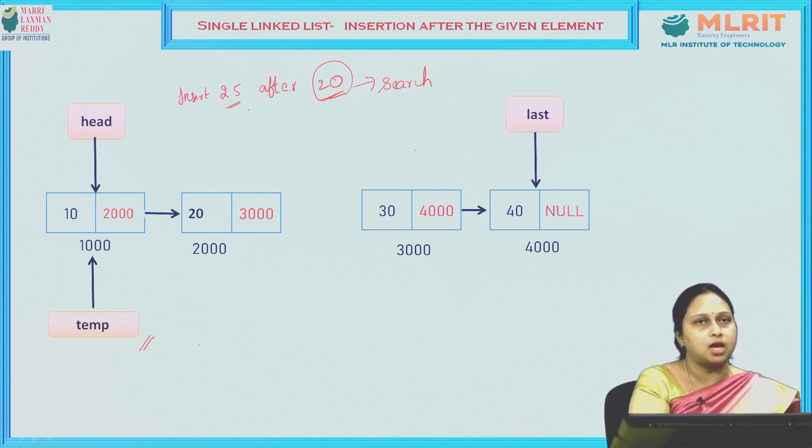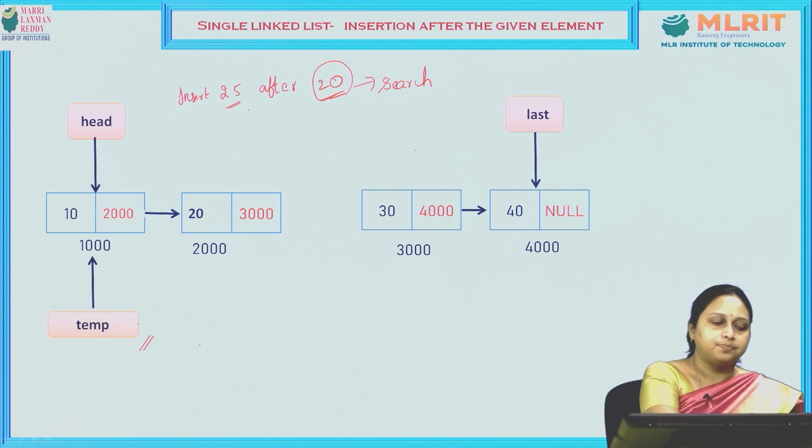Based on that we are going to allocate the memory and then insert it. Now try to do this. Temp is representing the head, so head and temp represent the same location. Now I am going to search whether temp arrow data is 20. No, temp arrow data is not 20.